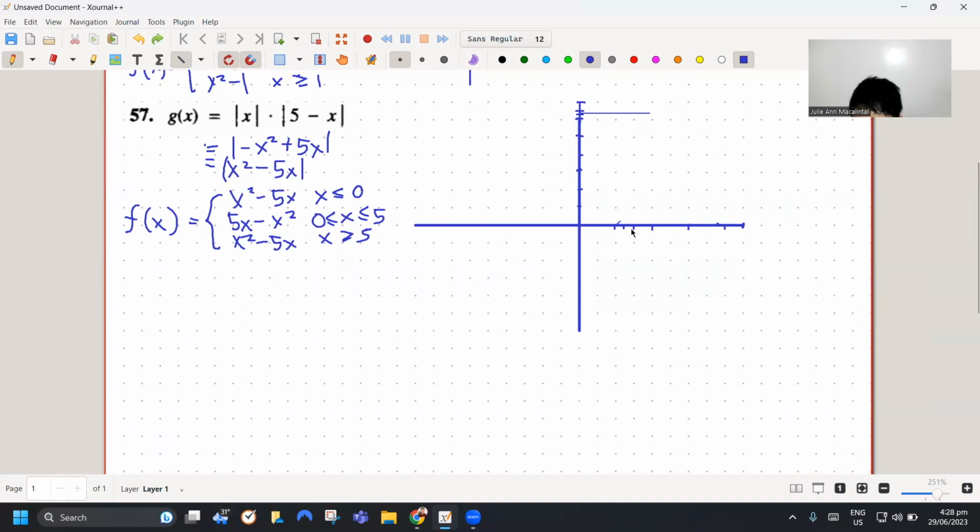Try 1 lang po. Since SP naman, try 1 lang. So paki-label lang yung 5 at saka yung 0.